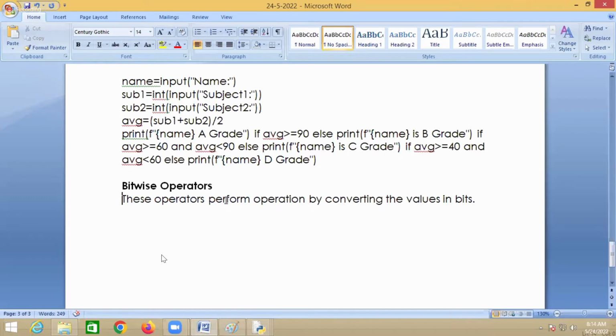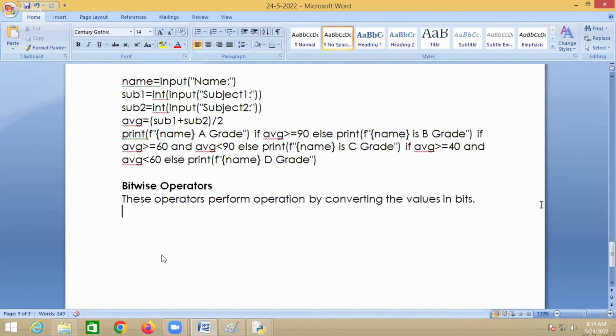These operators perform operations by converting the values into what? Bits. The name itself, bitwise operators, performs the operations by converting the values into bits.